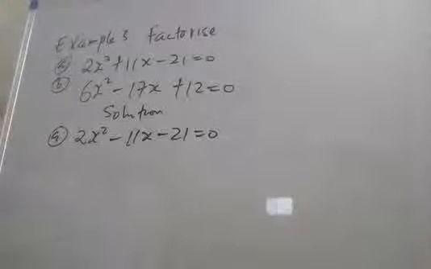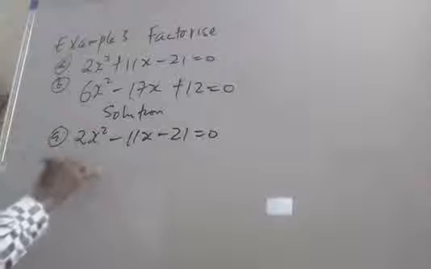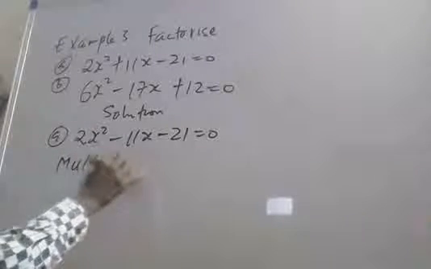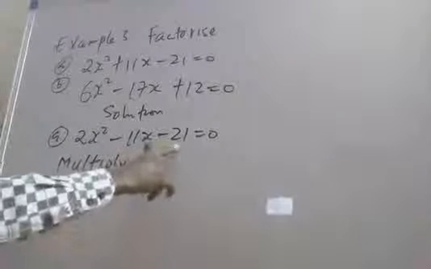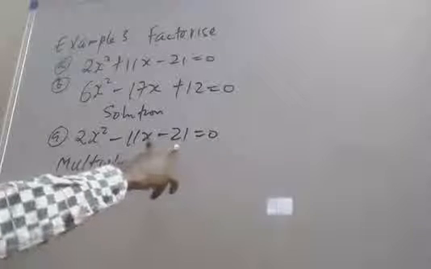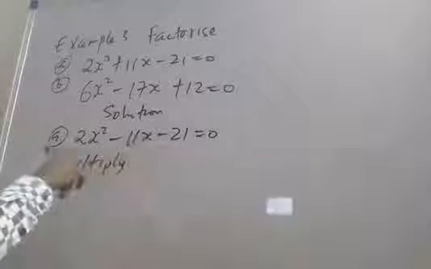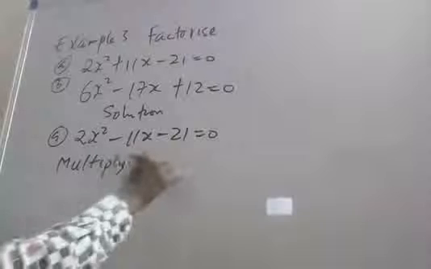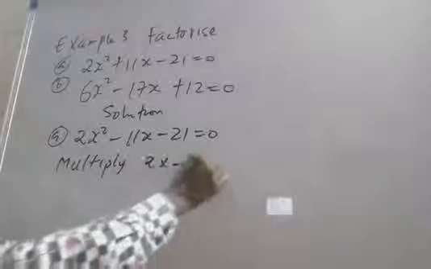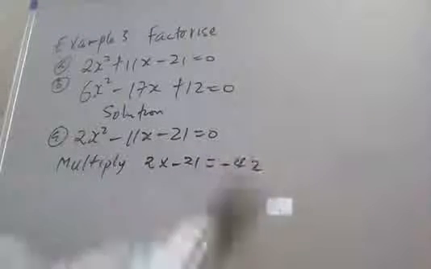So the first thing I will do is to multiply any number that stands by s squared, multiply it with this. We say multiply a by c. So any number that stands there, multiply 2 times minus 21 to give you minus 42.